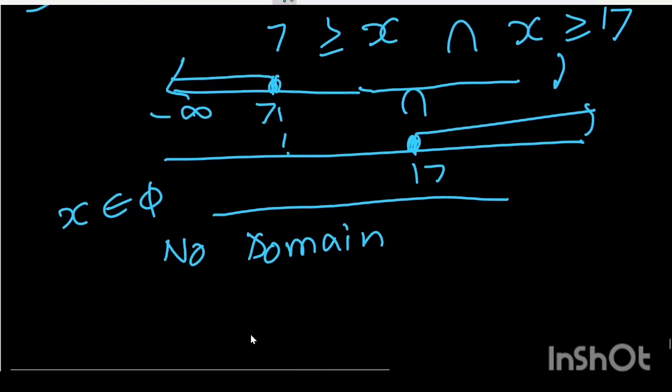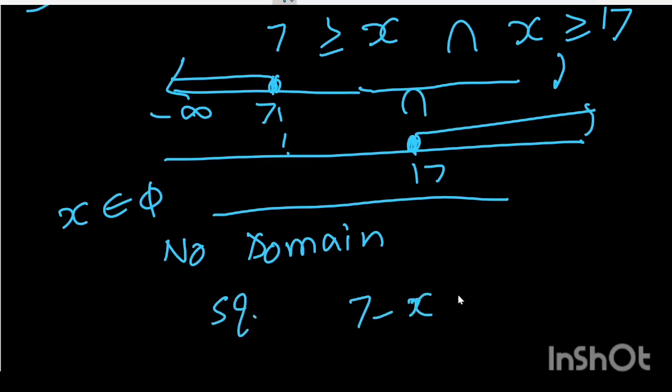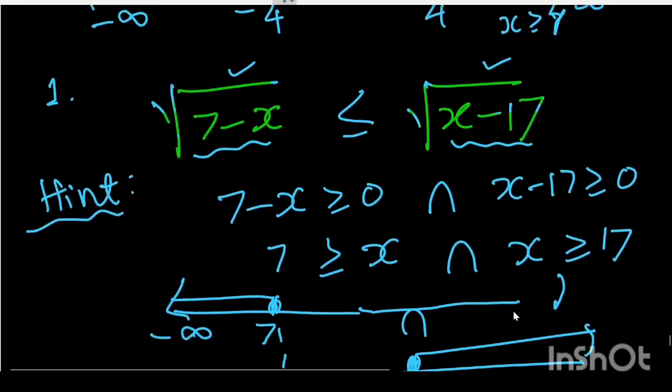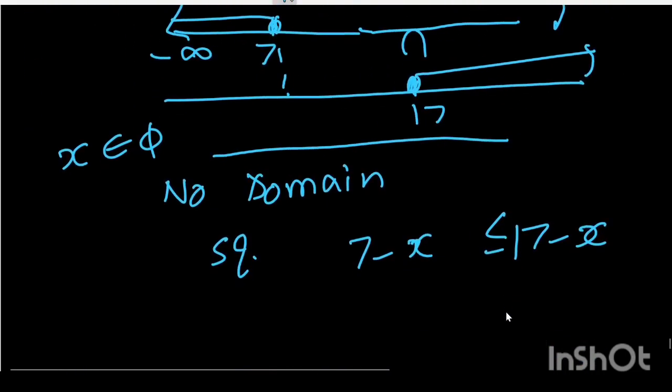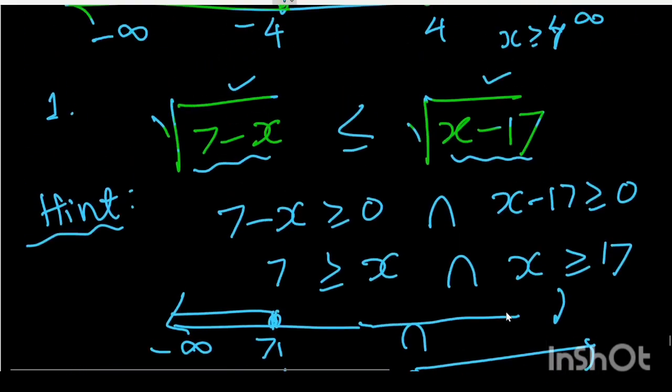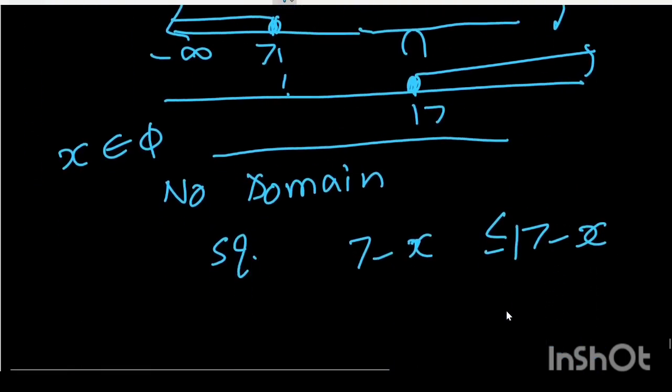What I want to say is, if you square both sides, you will get 7 minus x less than equal to x minus 17. Now 7 plus 17, that is 24, minus x, minus 17 plus x.